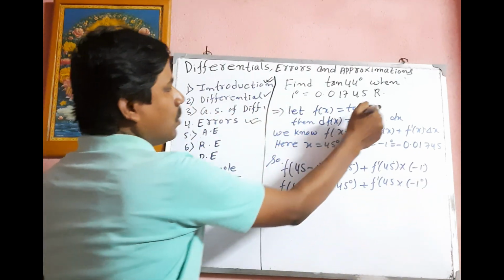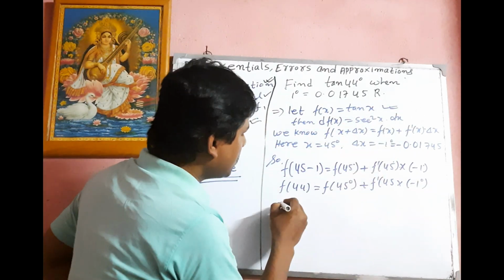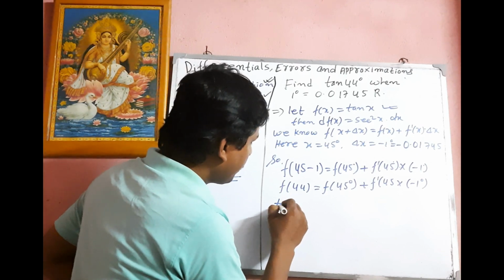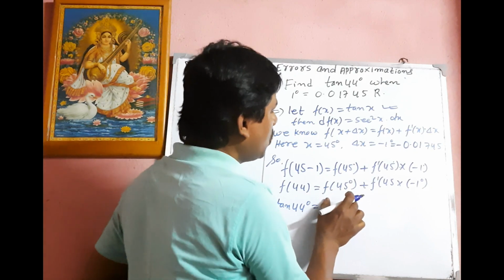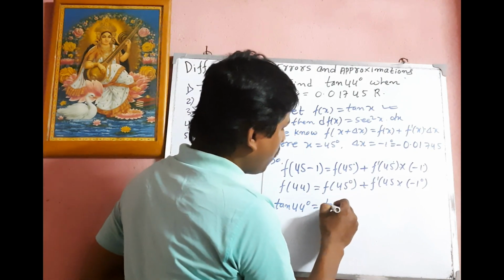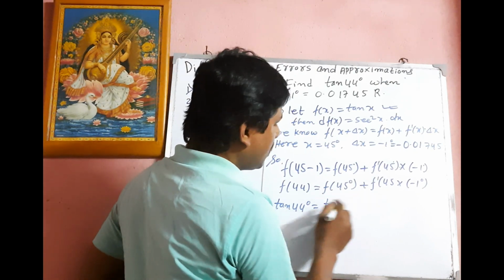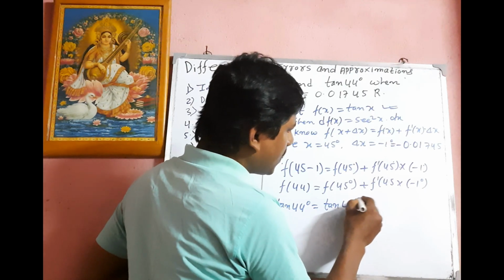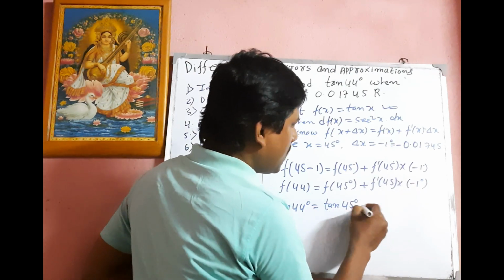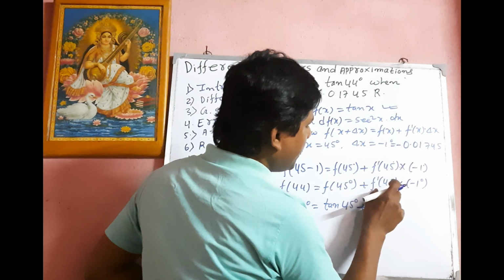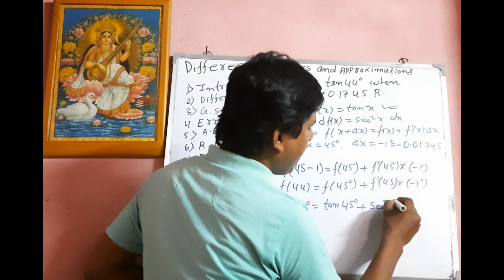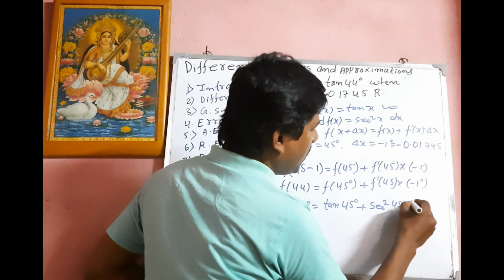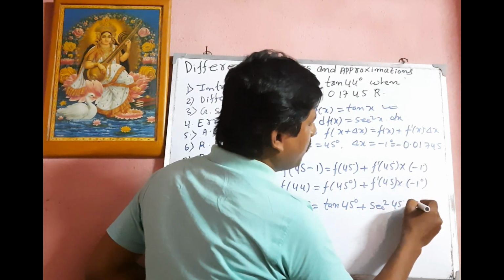Now using this, tan 44 degree is equal to tan of 45 degree plus f dash x, which means sec square 45 degree, multiplied by the value.